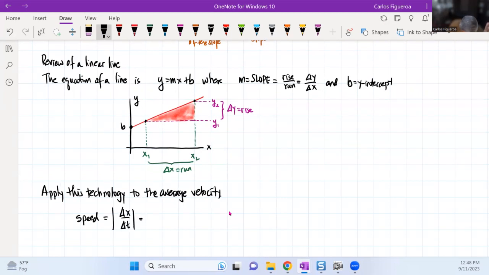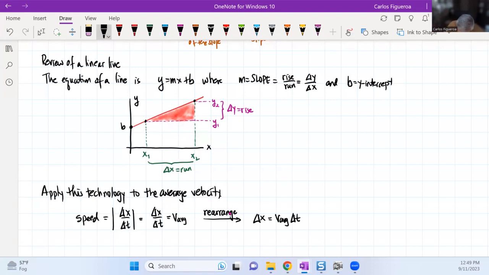I'm just going to assume that delta x and delta t are positive. And this we define as the average speed. So now I want to rearrange this mathematically. I'm going to solve for delta x. So if I solve for delta x, we know that delta x is going to be v average.